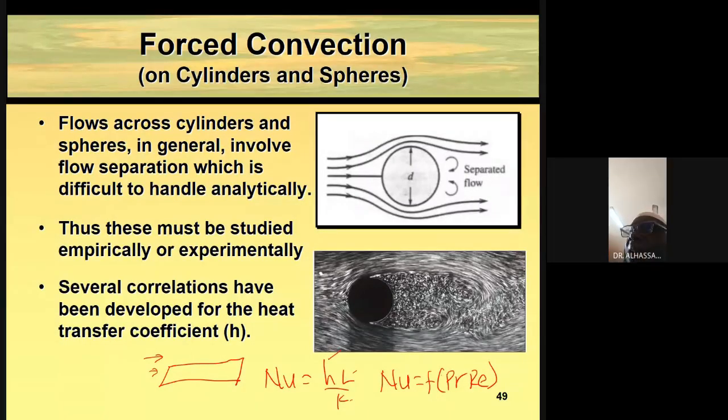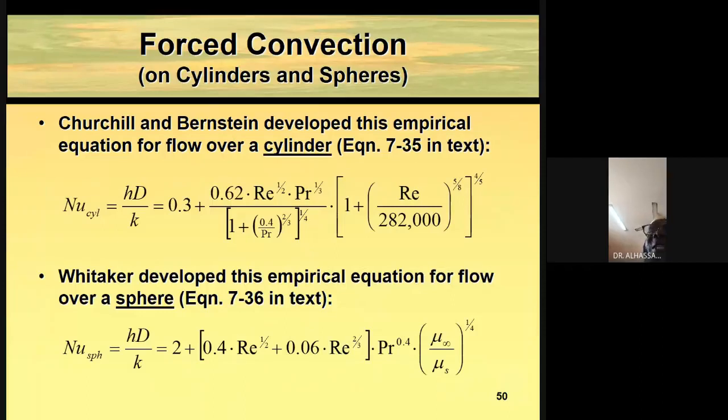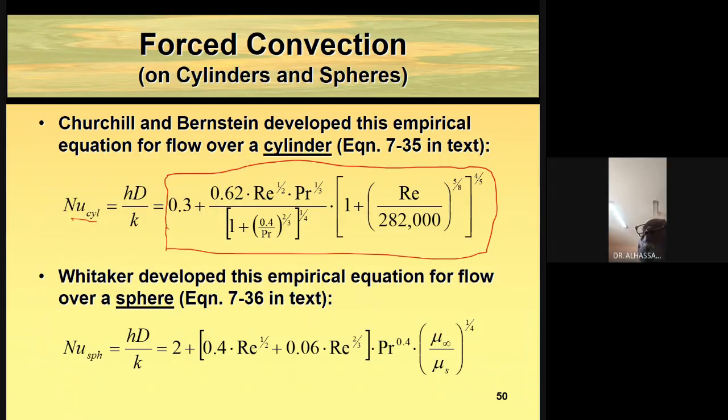For a cylinder, the difference is that this L is changed to D. So the general definition of the Nusselt number for a cylinder is given by hD divided by k. And for fluid flowing across a cylinder, this is the governing equation.